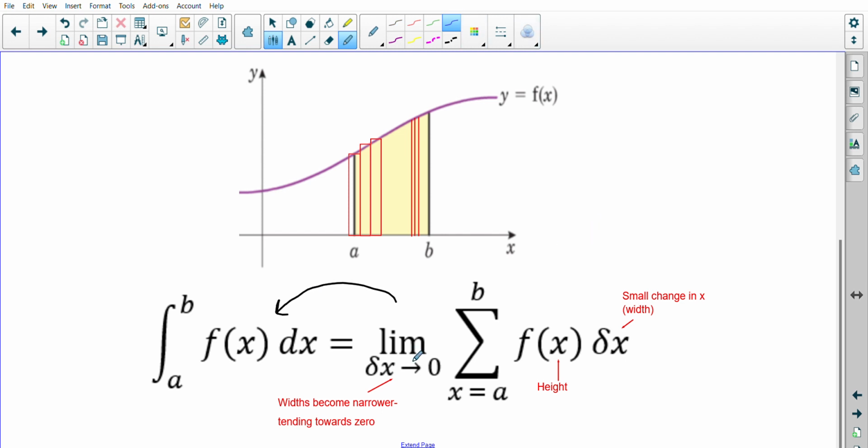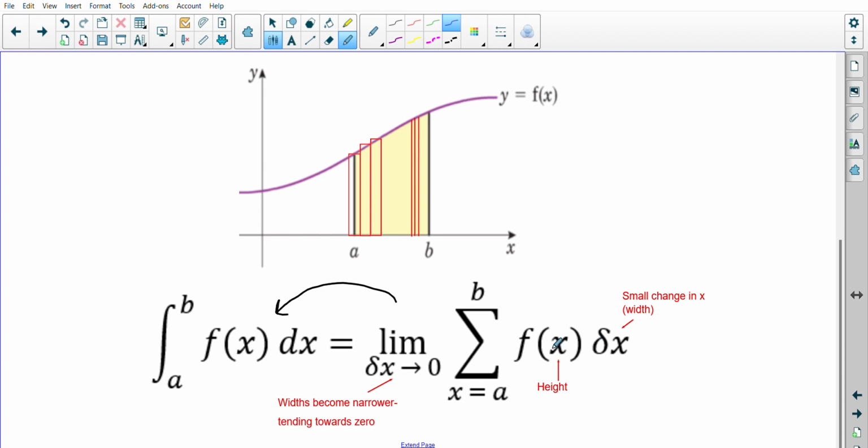So we've got limit. We've seen limit when we've done differentiation by first principles. So we've got the limit because we are wanting to think about the widths delta x becoming narrower and narrower and getting that small that they're tending towards 0.